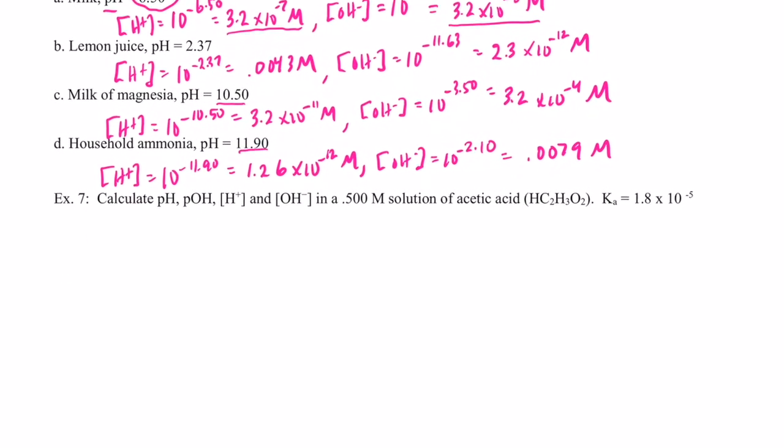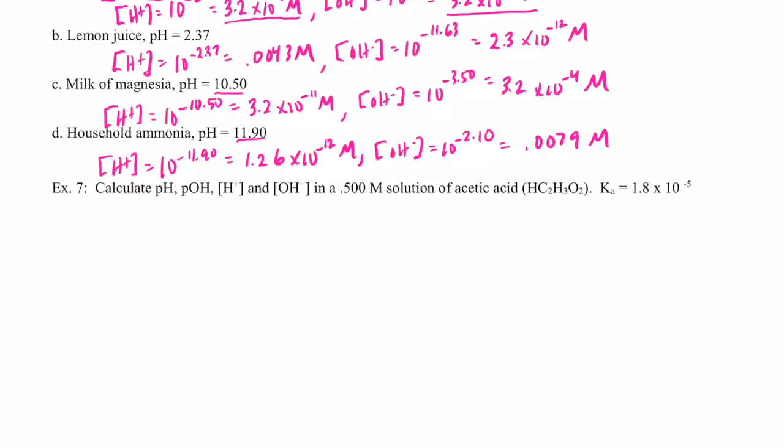All right, let's do another weak acid problem here. Let's work with a 0.5 molar solution of acetic acid. The Ka for this is 1.8 times 10 to the negative 5th. Remember, equilibrium and an equilibrium constant. Let's write the reaction that occurs here.